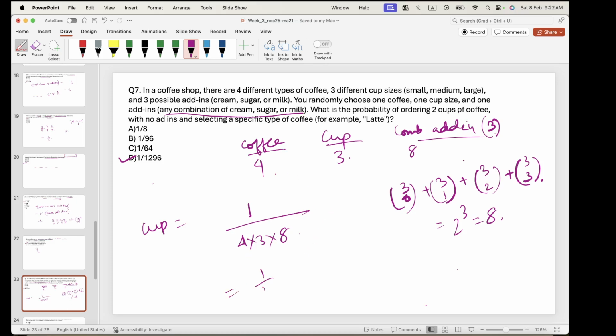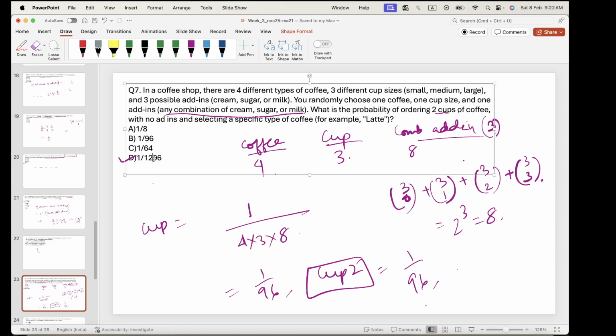That is actually 1 by 96. Since cup 2 is also with replacement, for cup 1 and cup 2 selection, that probability is also 1 by 96. So ordering 2 cups of coffee would be whatever I had previously written, 9216.